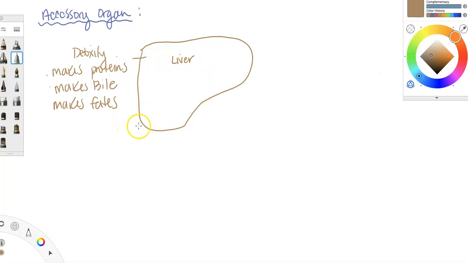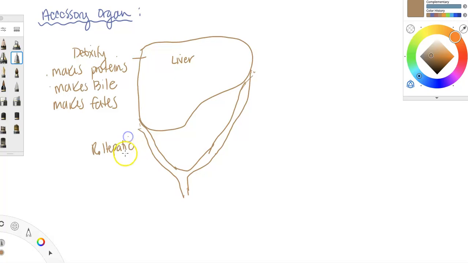So off of the liver are two ducts. Just kind of do it like this. Okay, and these two ducts, we've got a right hepatic duct, that's here, and a left hepatic duct.